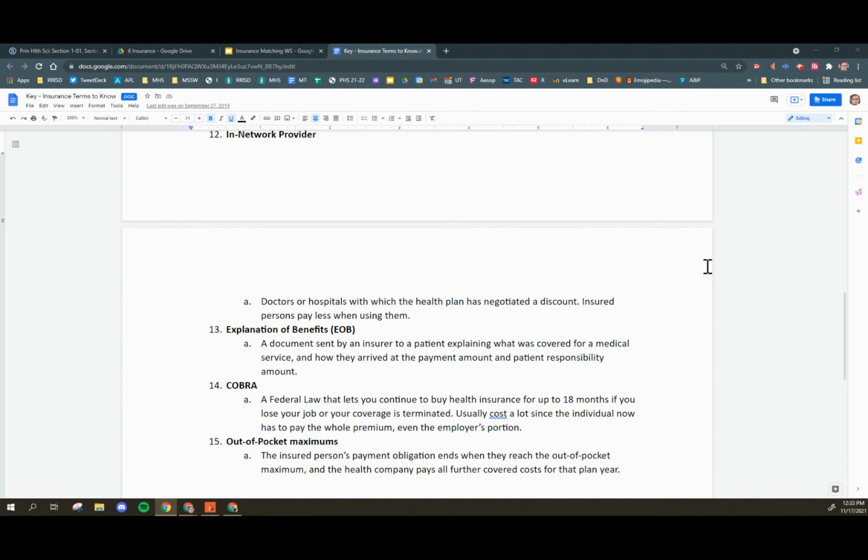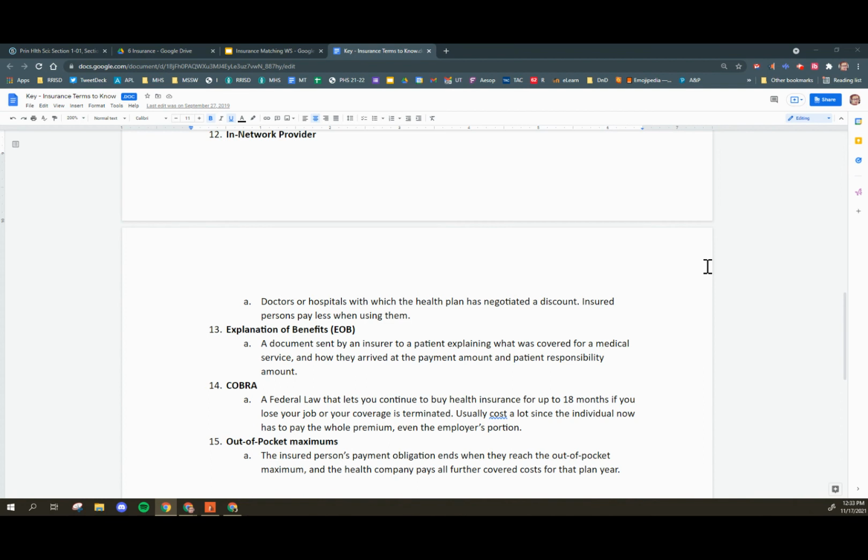This is your responsibility. And in the near future, you are going to receive a bill from that doctor, from that hospital, from that other service provider. And then you would pay them what you owe.